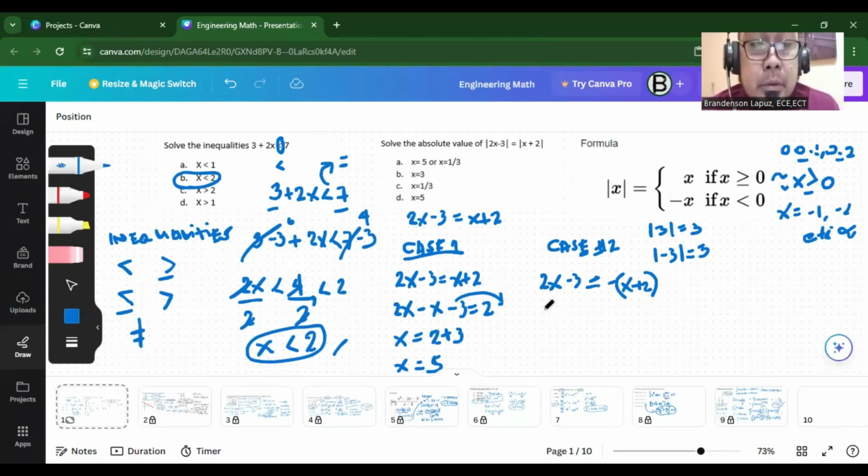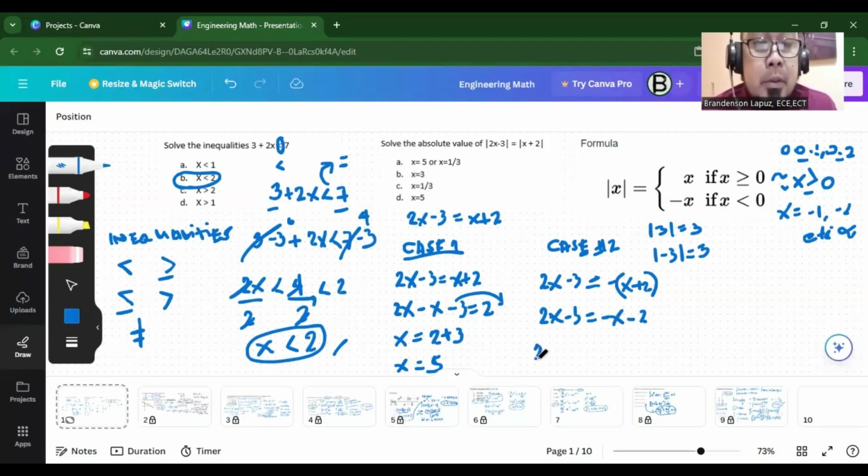Now, simplifying, 2x minus 3 equals negative x minus 2, because negative times x is negative x, and negative times positive 2 is negative 2, right?